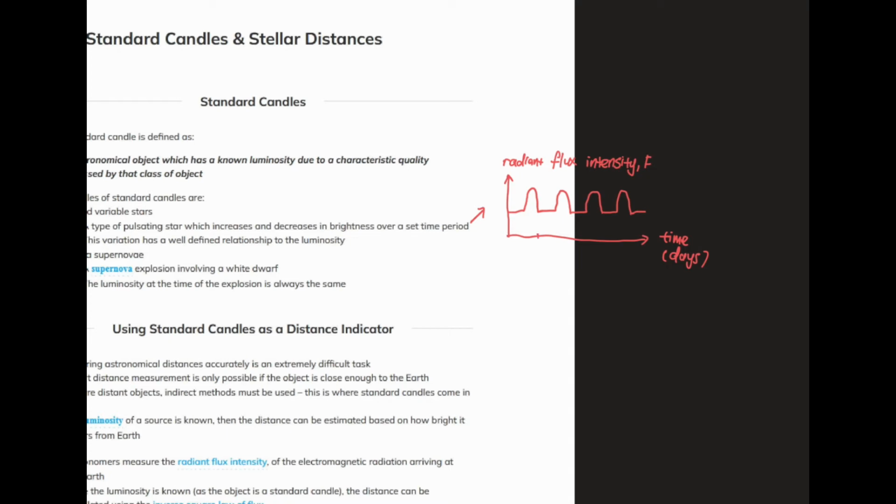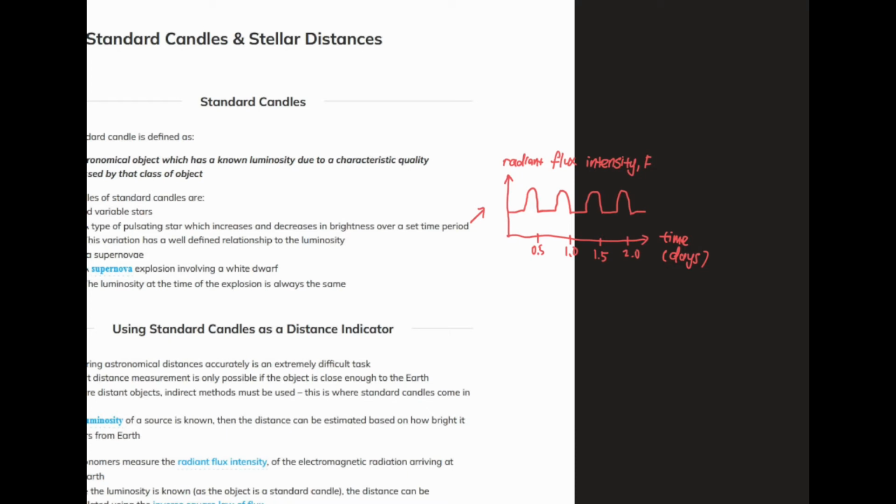Let's say in half a day it becomes very bright and then comes back to not bright again. Then in another half a day the same situation repeats, and then repeats again here, and again here.